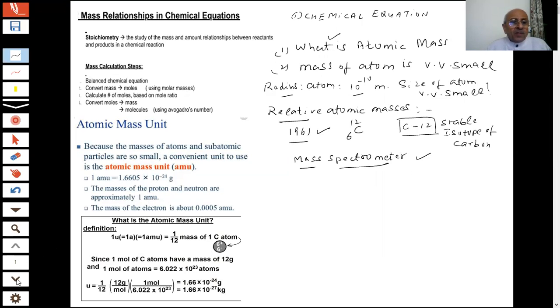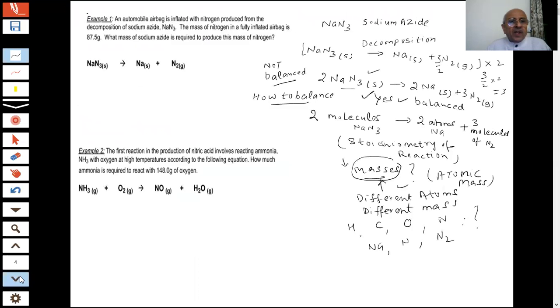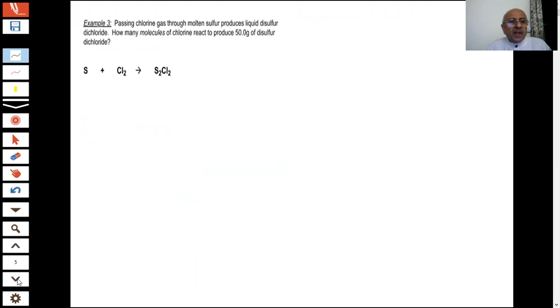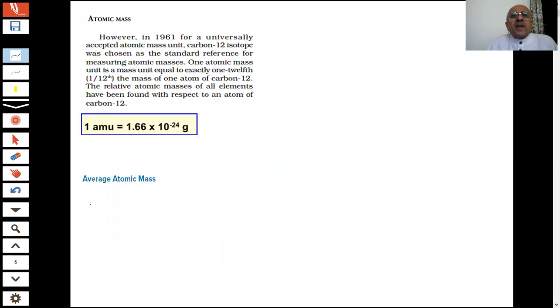To make the point clearer, in 1961 the carbon 12 isotope was chosen as the standard reference for measuring atomic masses. One atomic mass is equal to one atomic mass unit.